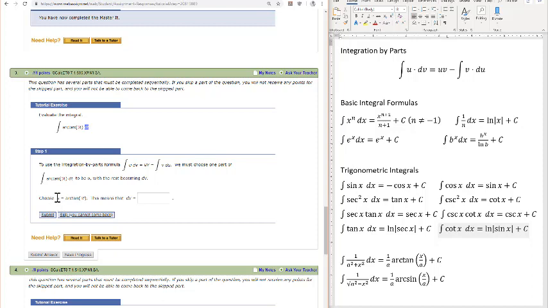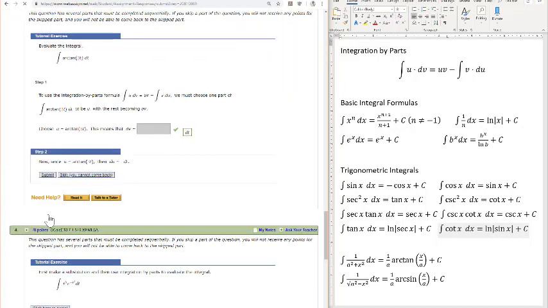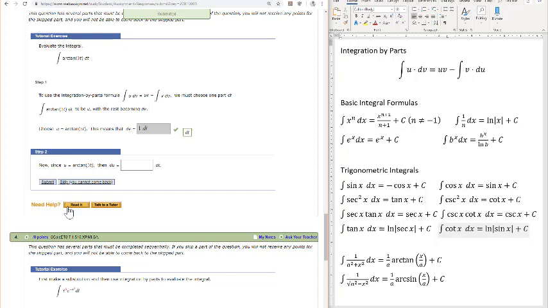By taking u equal to this, we at least know the derivative of this. And then we'll take dv to be the rest of that, which is just a 1 times dt. You don't really need to put the 1, you can just put dt, because 1 times dt is just dt.